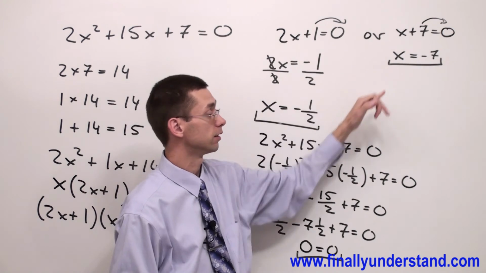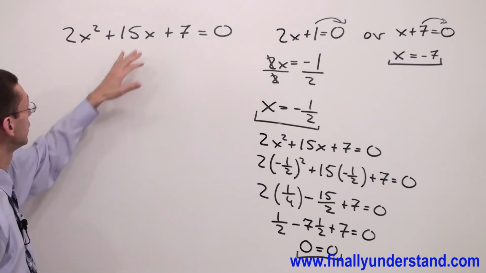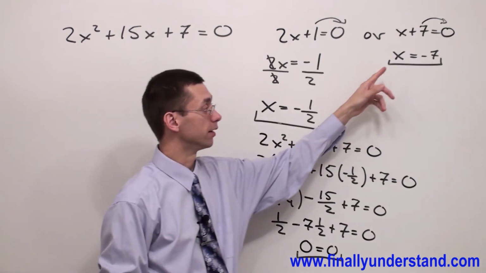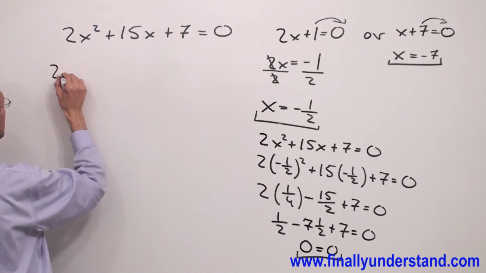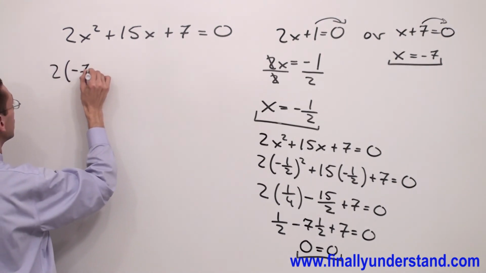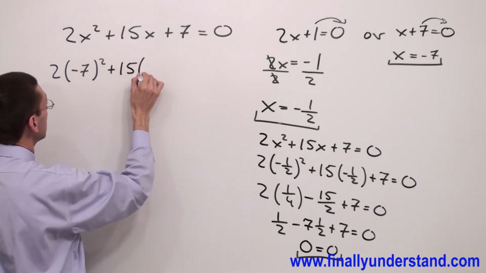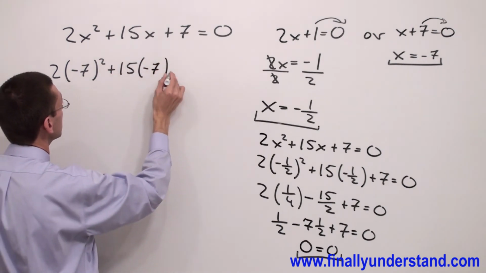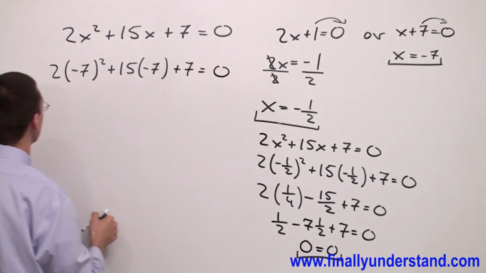Let's check the second one. So right now we're supposed to substitute every x in the original equation by negative 7. So I have 2 times negative 7 to the second power plus 15 times negative 7 plus 7 is equal to 0.